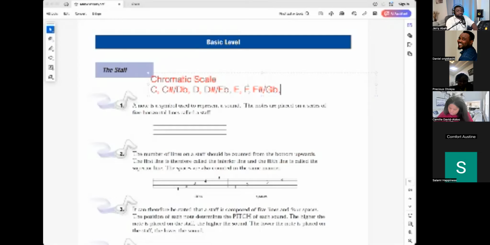F sharp or G flat, followed by G, and then we have G sharp or A flat. And then the next musical note is A, followed by A sharp or B flat. And then we have B, and then a repetition of C, which gives us the octave C.